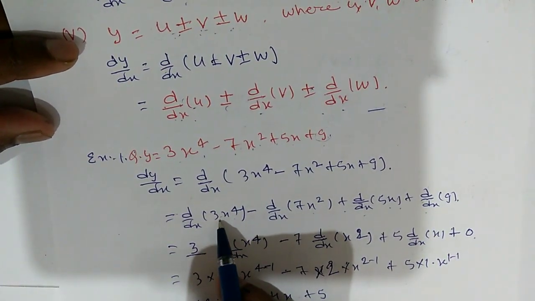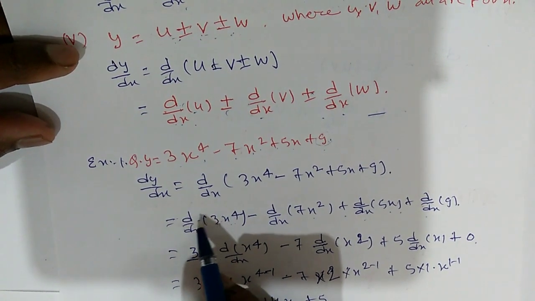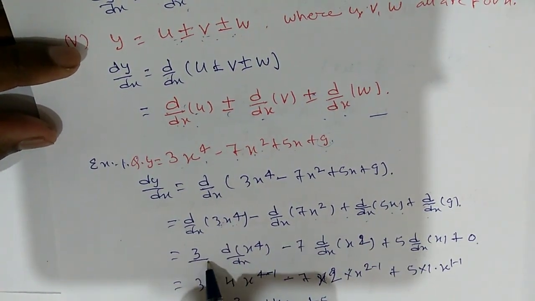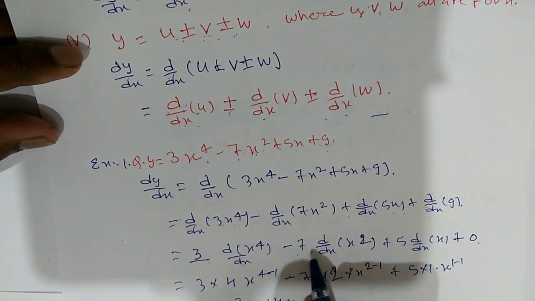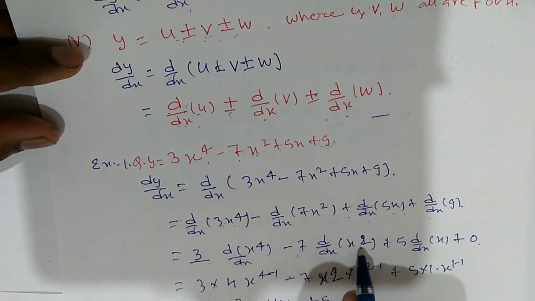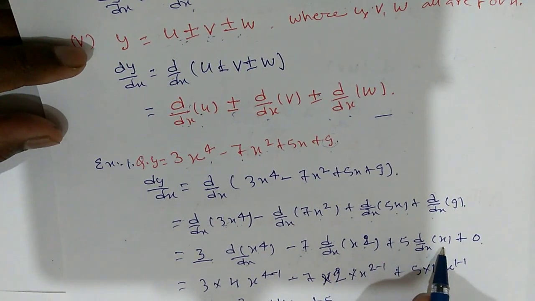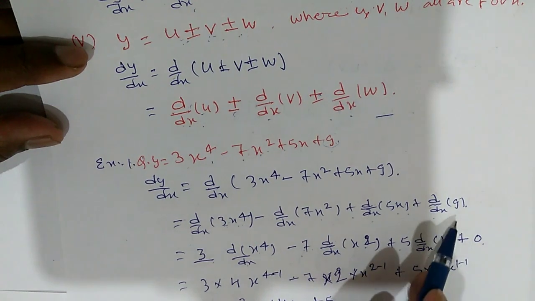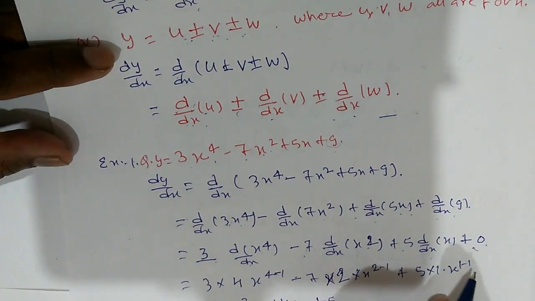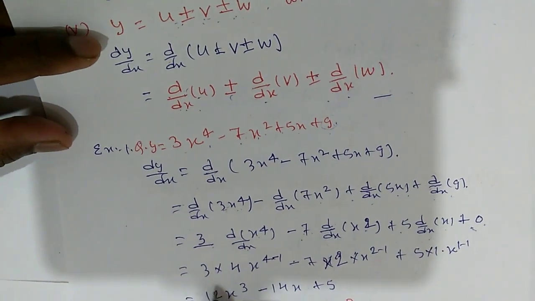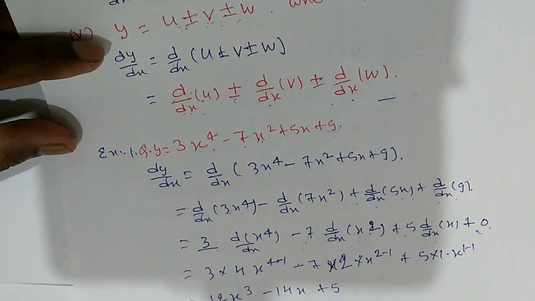Generally it is a form of constant and variable, so the constant term is taken outside. So 3 d/dx of x^4 minus 7 d/dx of x^2 plus 5 d/dx of x plus 0, because the differentiation of a constant is 0. After solving we get 12x^3 minus 14x plus 5.